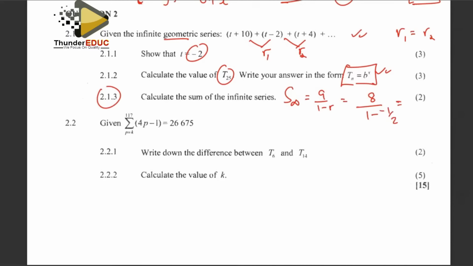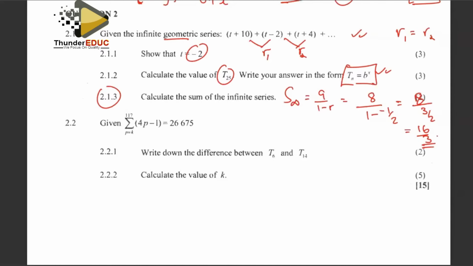So it's going to be 8 over 1 plus a half, which is 3 over 2, and then the answer becomes 16 over 3. So you can write it as 16 over 3, or you can give it as a decimal, 5.333.